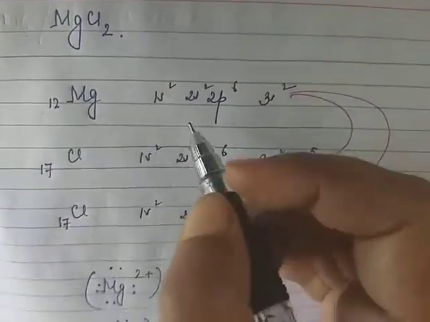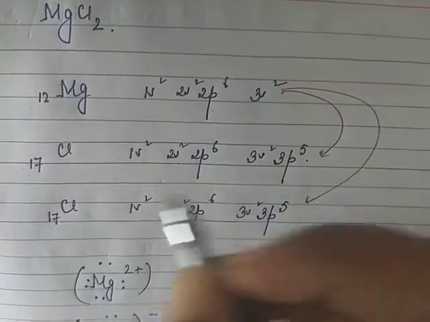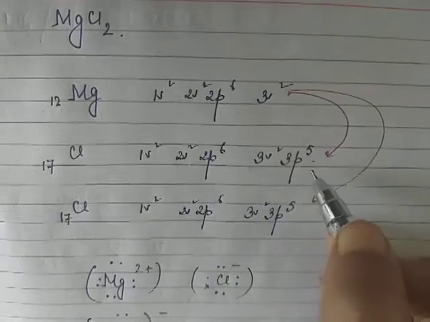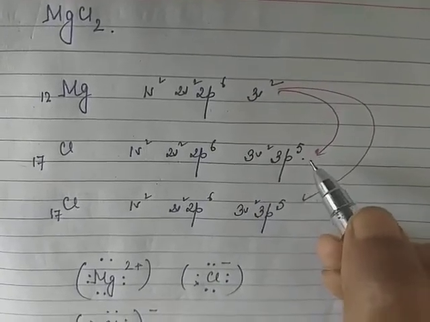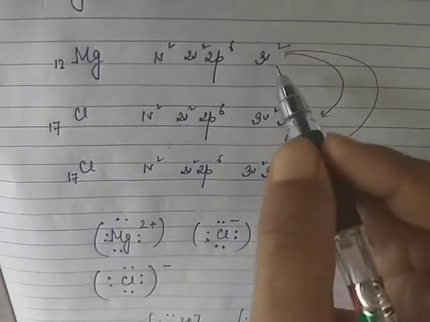Formation of MgCl2. Magnesium has a configuration of 1s2, 2s2, 2p6, 3s2, while chlorine has a configuration of 3s2, 3p5. Chlorine can take up only 1 electron, but magnesium is able to lose 2 electrons.